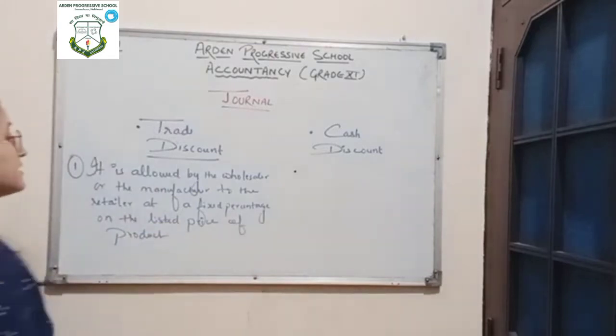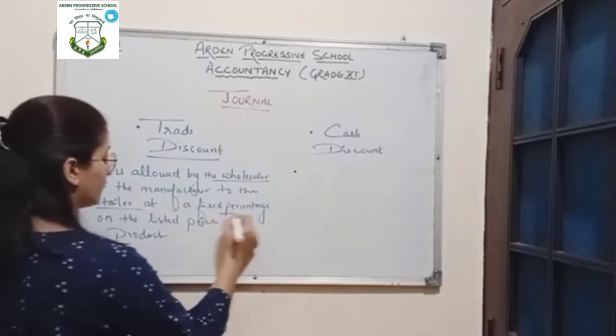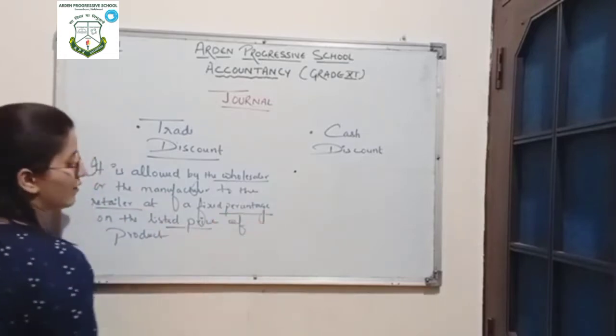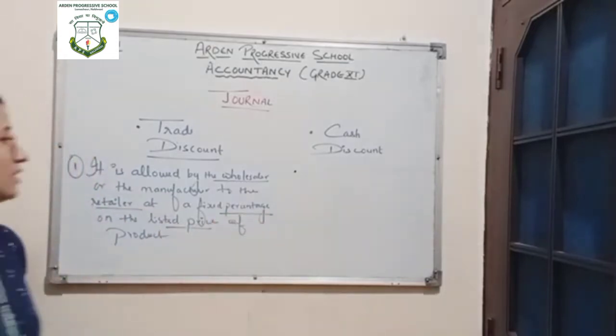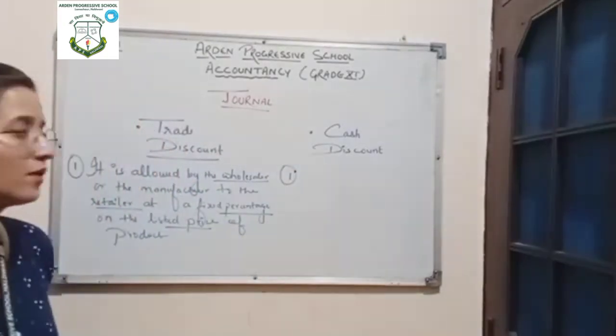So trade discount is allowed by wholesaler to the retailer at a fixed percentage of listed price of the product. Now, cash discount. What is cash discount?